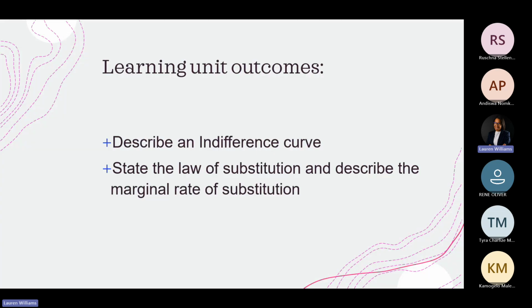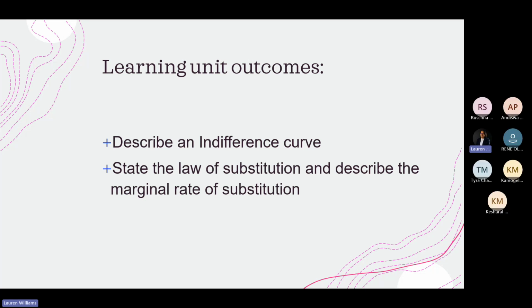Just to quickly recap on what we have already discussed. In terms of your indifference curve, meaning we have multiple indifference curves, the idea behind having these is that as you consume goods, you receive some form of satisfaction from the consumption of these goods.